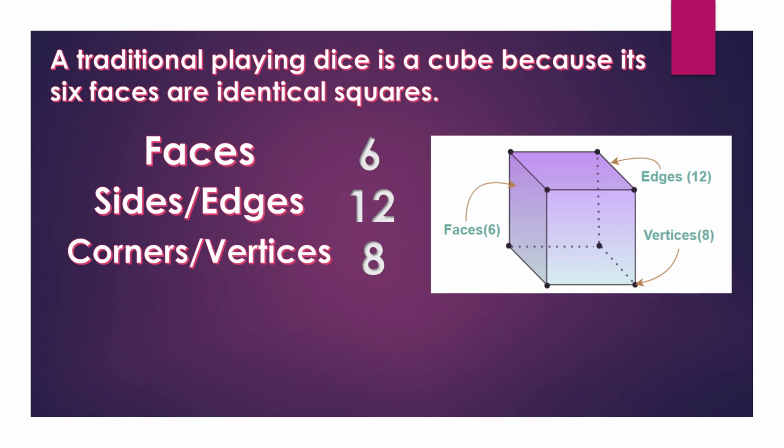So you can see a figure, right? Here there are 6 faces, 12 edges. Edges are also called sides and vertices are also called corners.